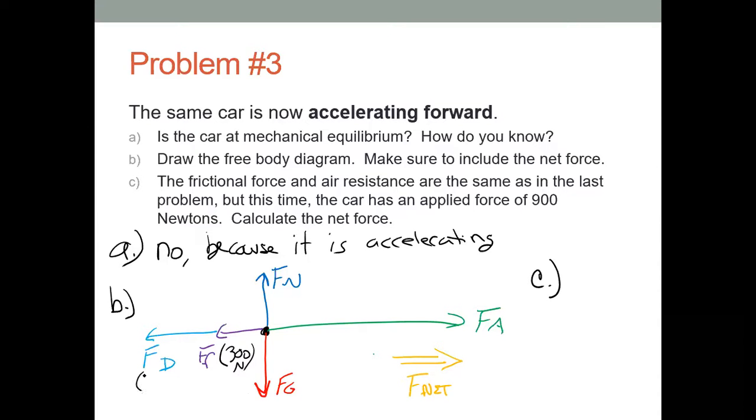The drag was 400, I think. And I want to know the applied force. It says the applied force is 900. So I want to know the net force. So if I've got 900 going forward, and then I got 300 and 400 going back. What's the net force?